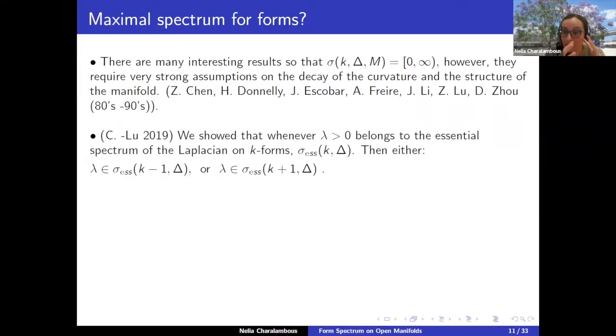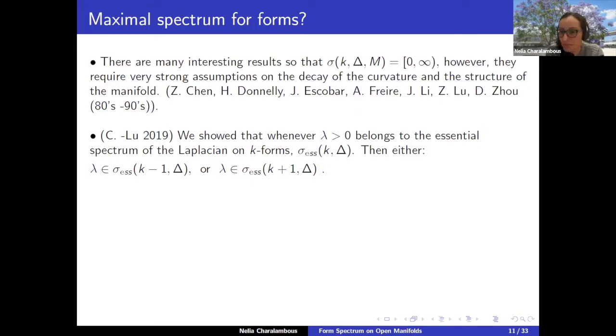So a midway result, an initial result that we found with Zichin when we started considering this problem, was to prove, first of all, that if we have a positive number in the L2 spectrum, now I'm talking about L2 spectrum in the first half of the talk, okay? So forget about LP for now. So we have a positive number in the essential spectrum of the Laplacian on K forms.